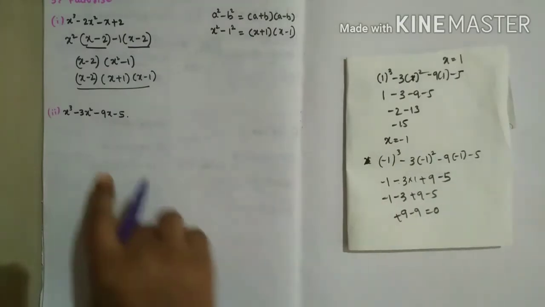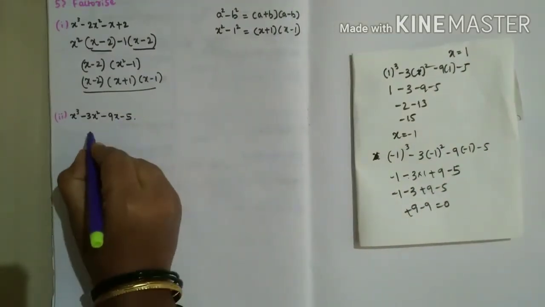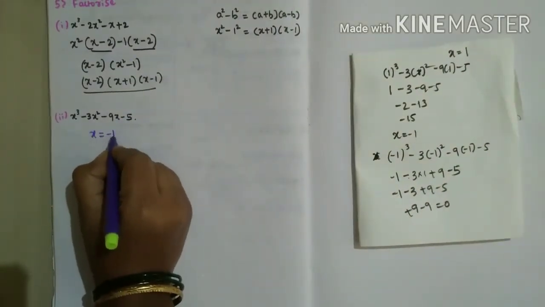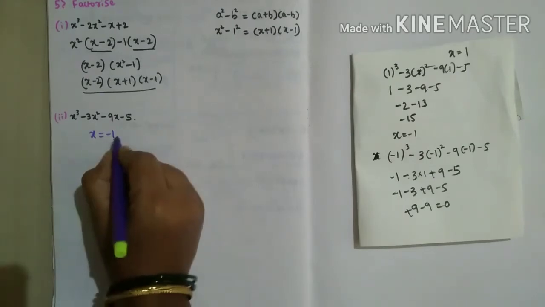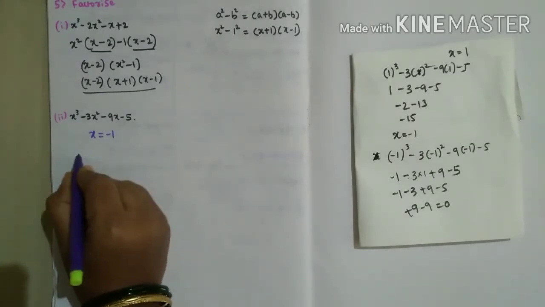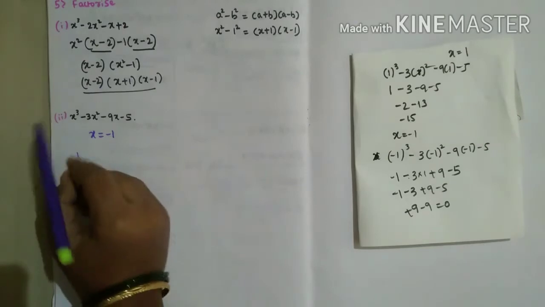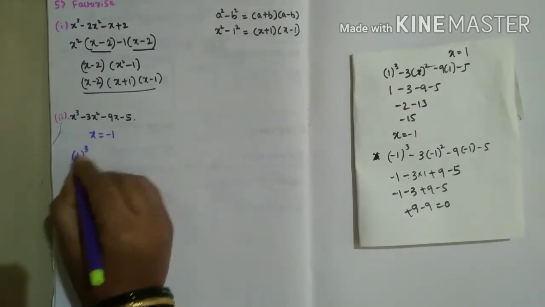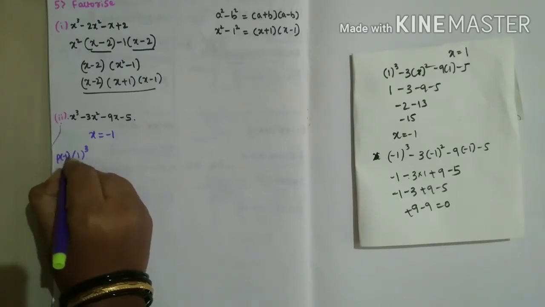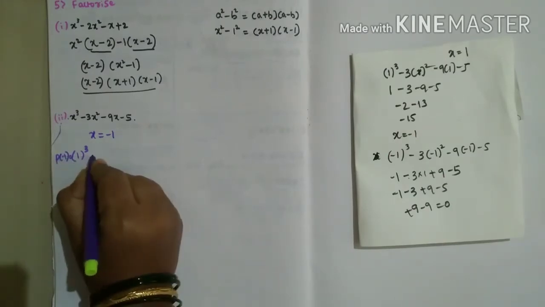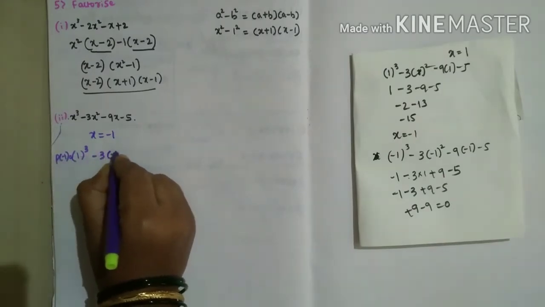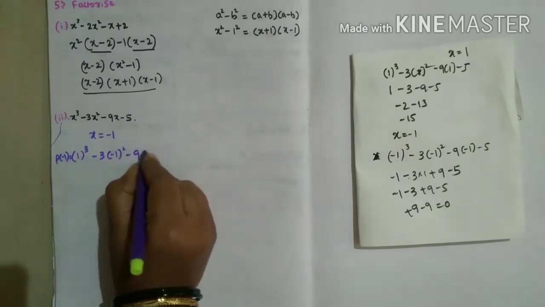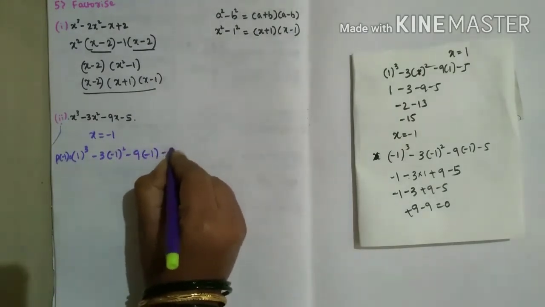We tried it. Which one will get the 0 of the polynomial? So x is equal to what I have to take? x equal to minus 1. Just I will write that. p of minus 1 is equal to minus 1 cube minus 3 into minus 1 square minus 9 into minus 1 minus 5.